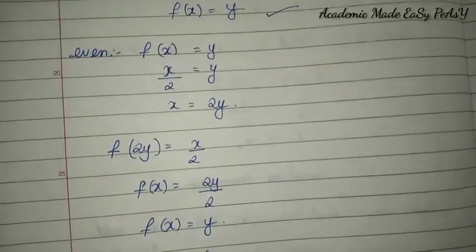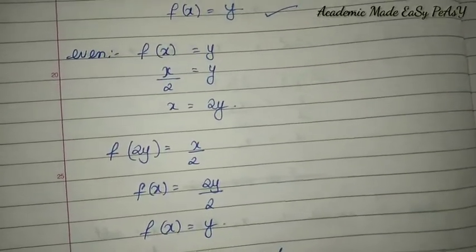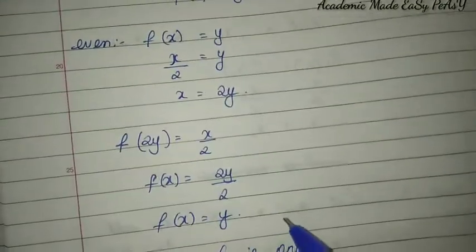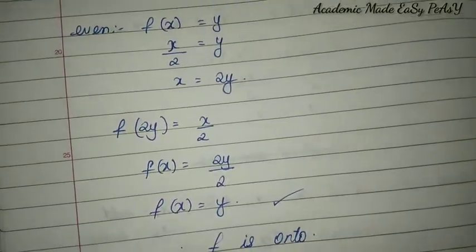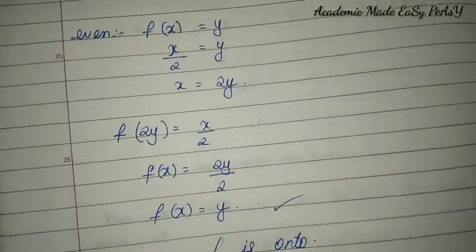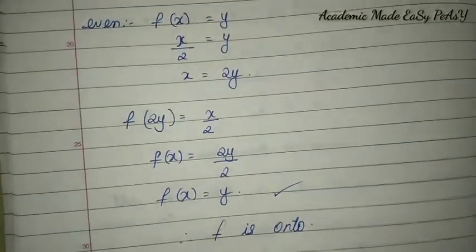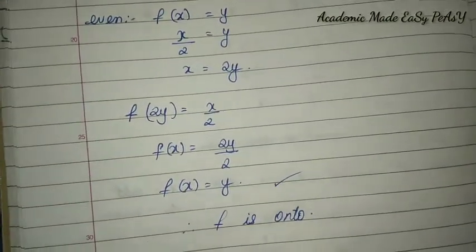Therefore, f is onto. So if we take separately, we will get one onto function, but it is not one to one. Therefore, it is not a bijective function.